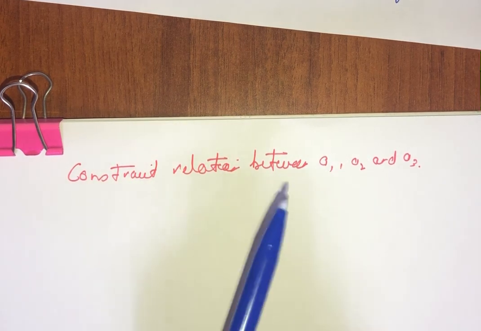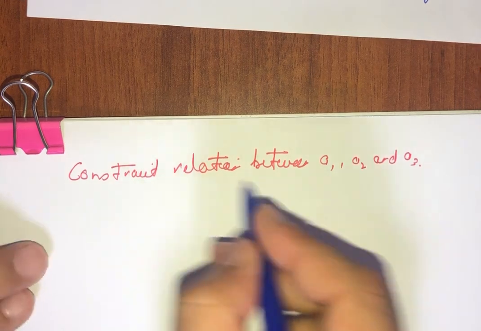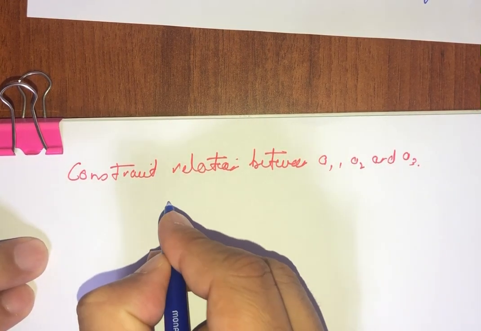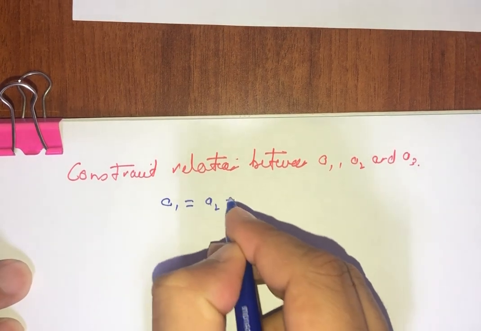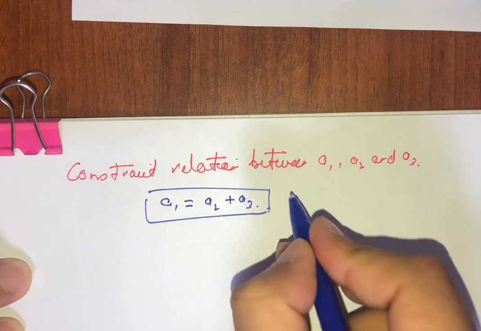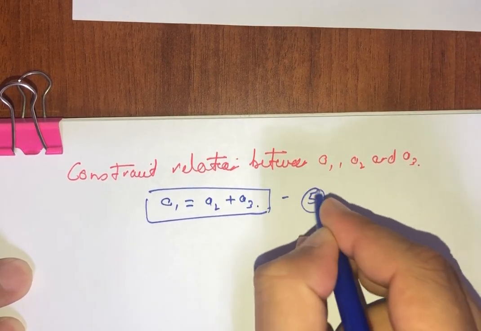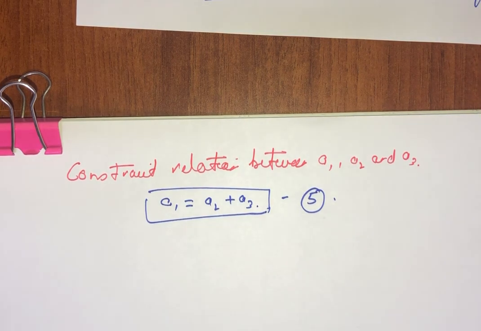It means all the accelerations will be related with each other, and we can say that, which can be represented as a1 is equal to a2 plus a3. So let this be equation number 5. Now we have 5 equations, and we are going to use these 5 equations to find out the acceleration of the wedge. Okay.